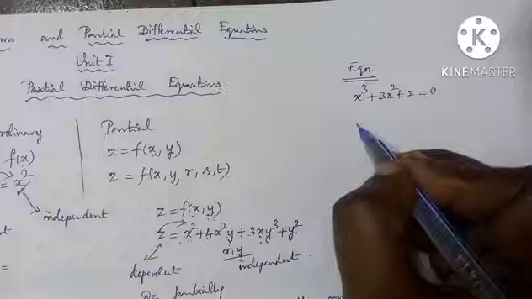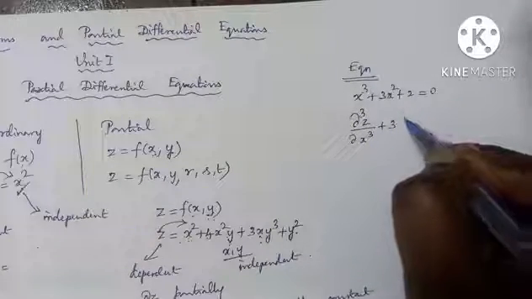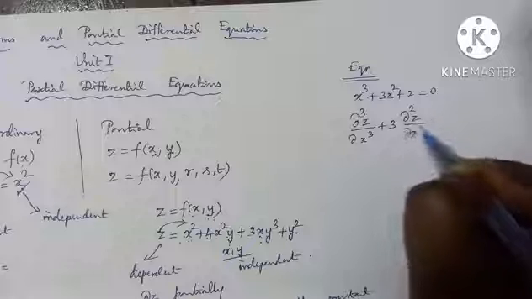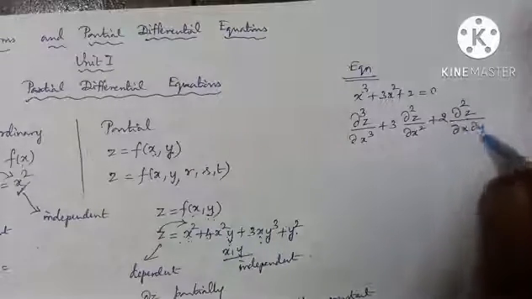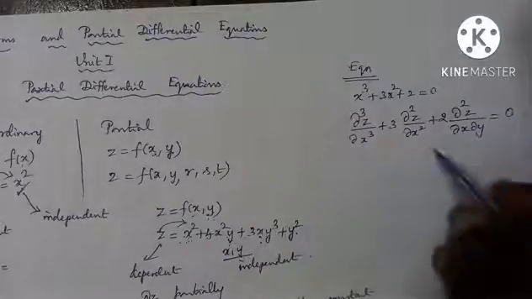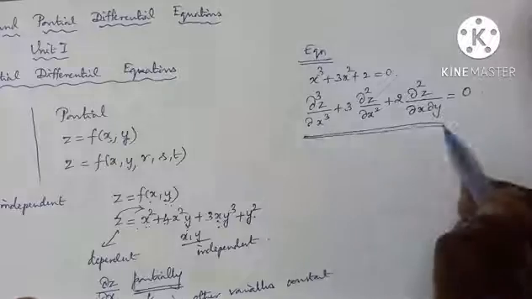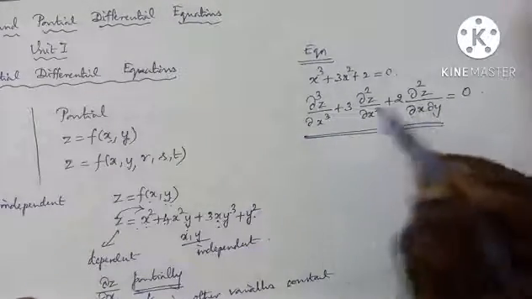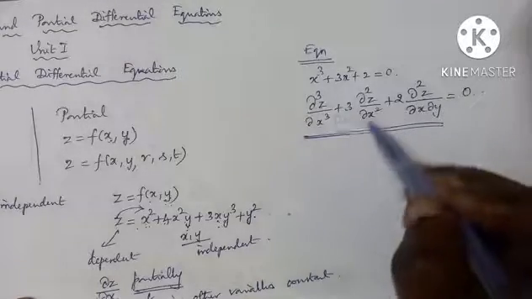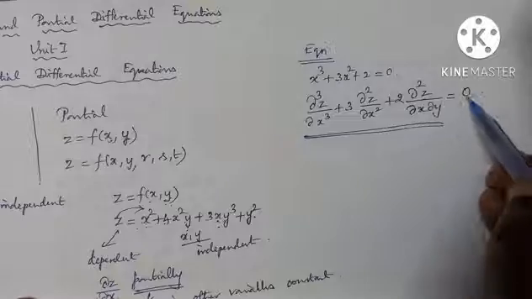Listen here, we will have dou cube z by dou x cube plus 3 into dou square z by dou x square plus 2 into dou square z by dou x dou y equal to 0, which is a partial differential equation. So an equation which contains partial derivatives is what we call a partial differential equation.